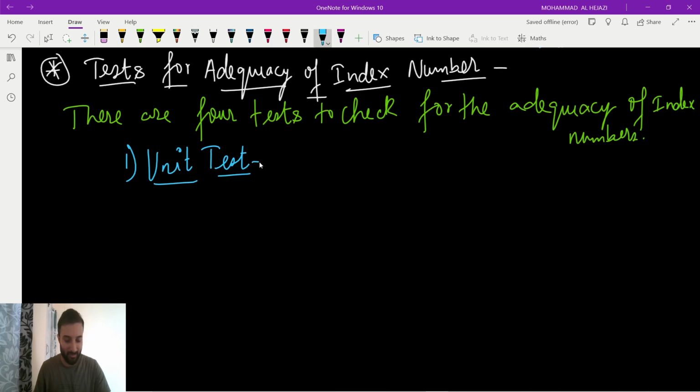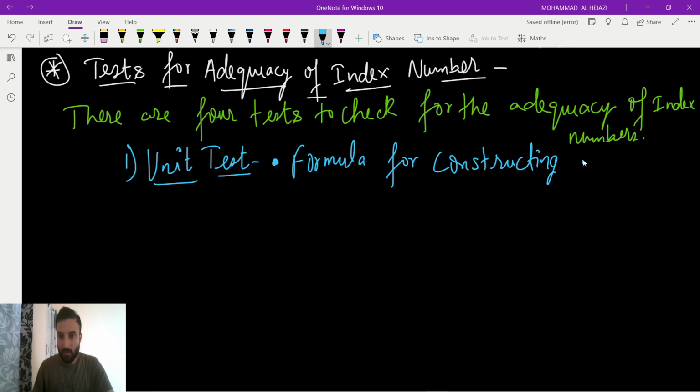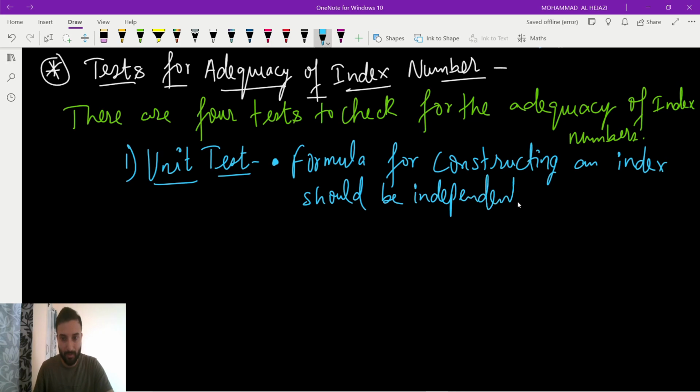In the unit test we'll write: the formula for constructing an index should be independent of price and quantity.